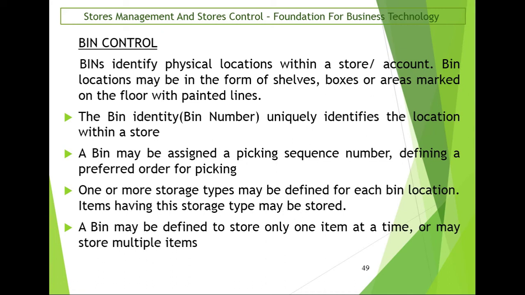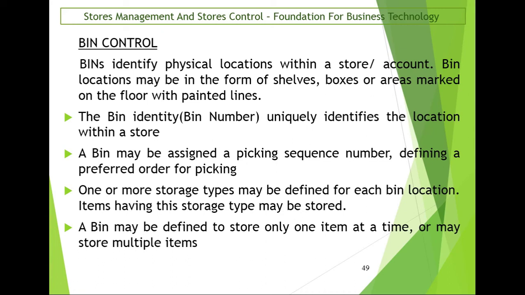So a bin may be assigned a picking sequence number, defining a preferred order for picking. When we talk of picking sequence, we are referring to a case where there is more than one bin location that holds the same item.